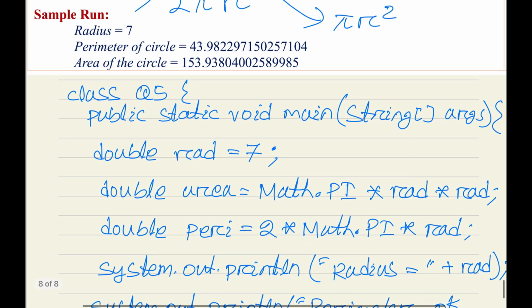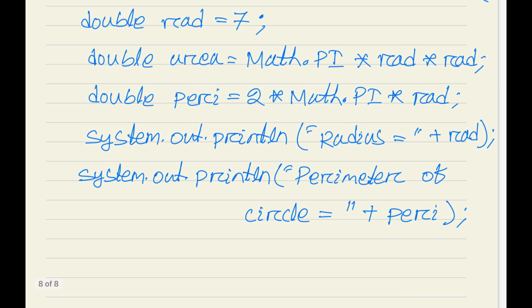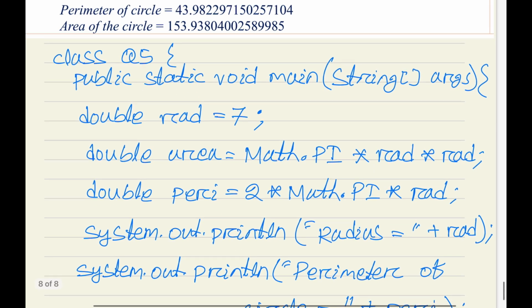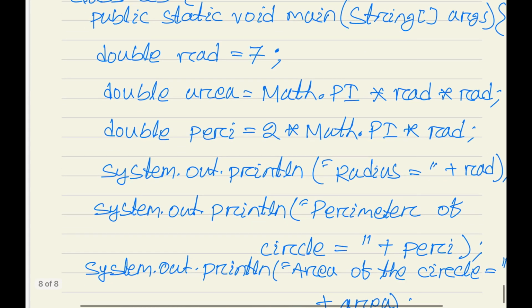Then in the next line I can write area of the circle equal to. The same way I write System.out.println, area of the circle equal to inside double quote, then plus area. Area is the variable name here, you can see.